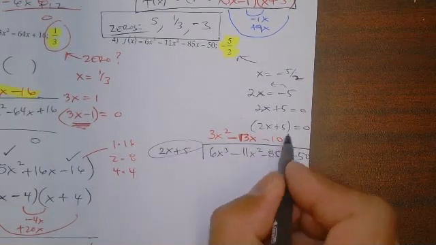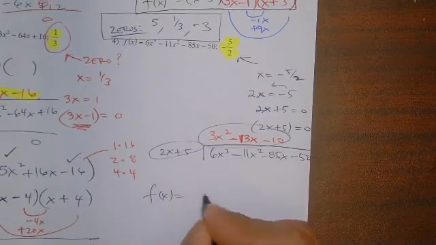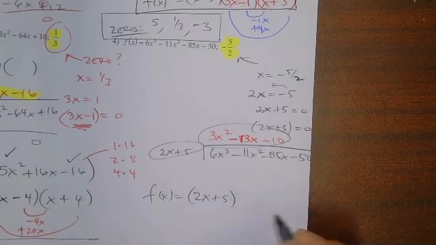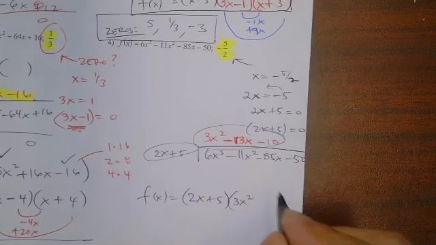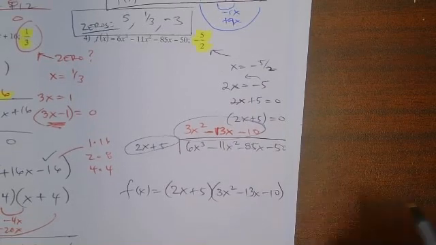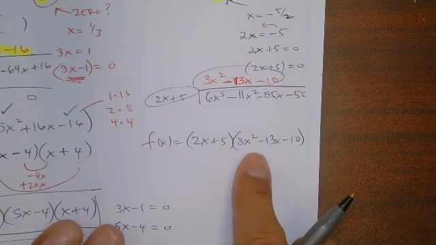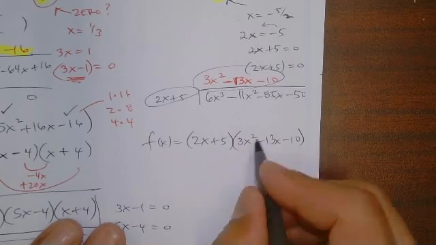I know it's taking you a while to do the long division, but when you get it right and the remainder is 0, what does that mean? That means now it's the product of these two. The polynomial is now the product of 2x plus 5 and 3x squared minus 13x minus 10.